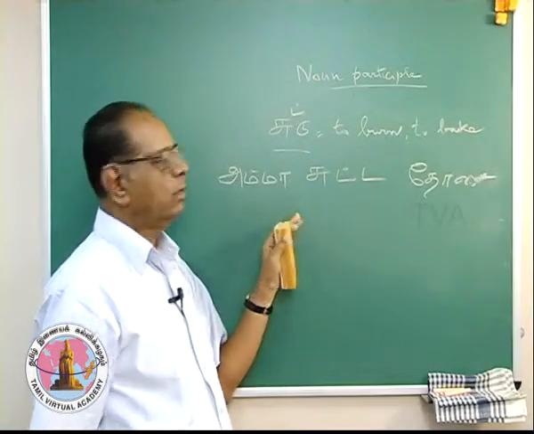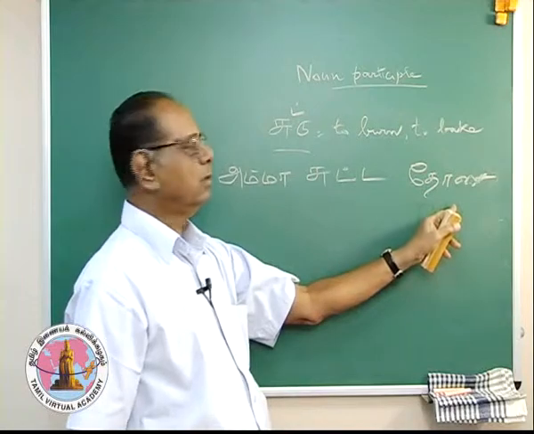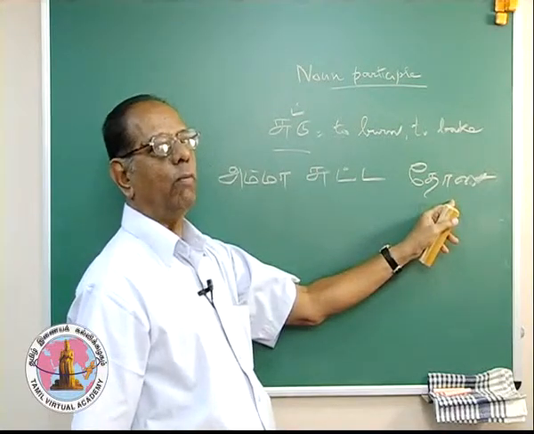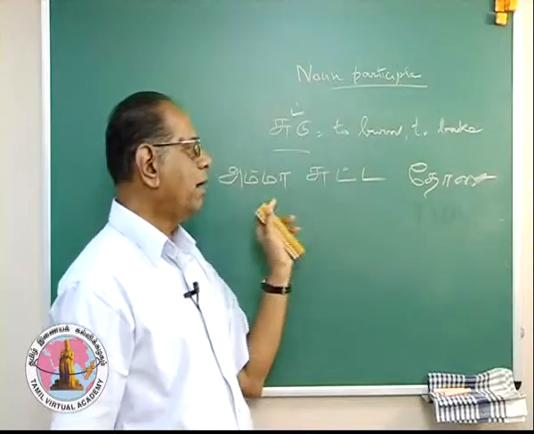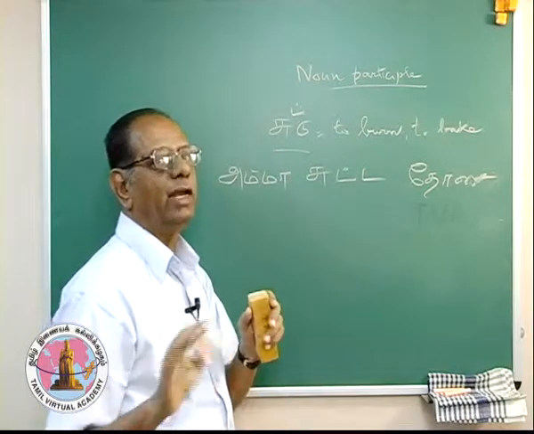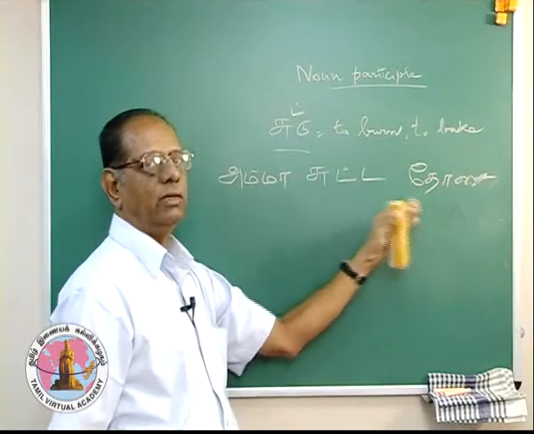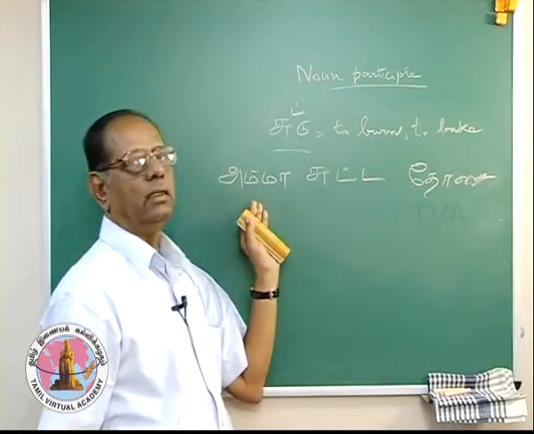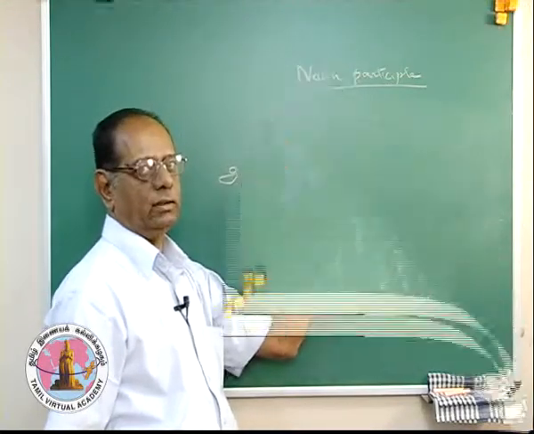Amma shutta dosai. Dosai is an eatable, as you know. Amma shutta dosai, this you will find in the primary lessons. The eatable that was baked by the mother, Amma. Amma shutta dosai.